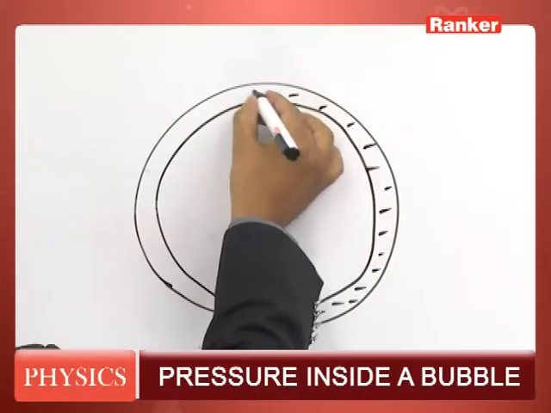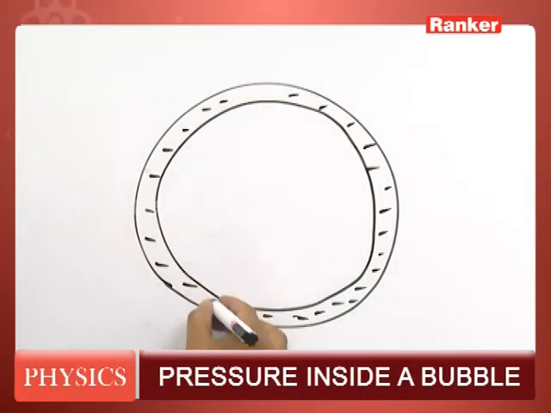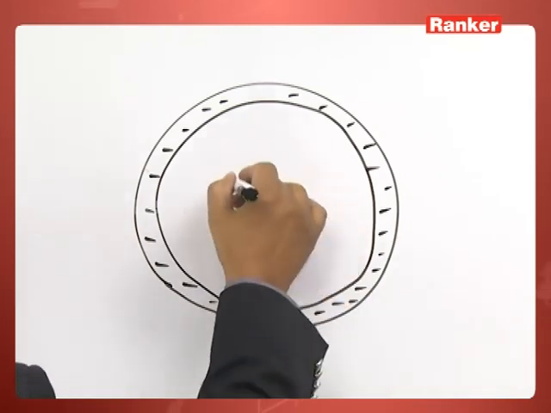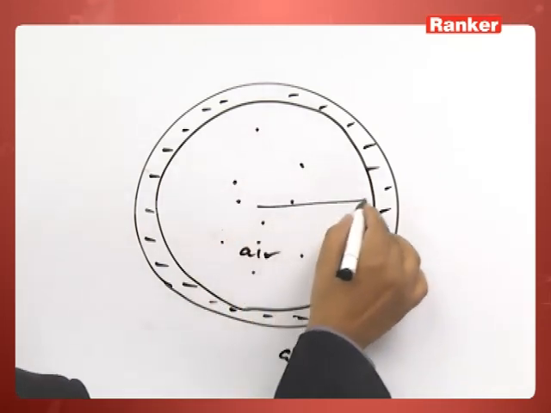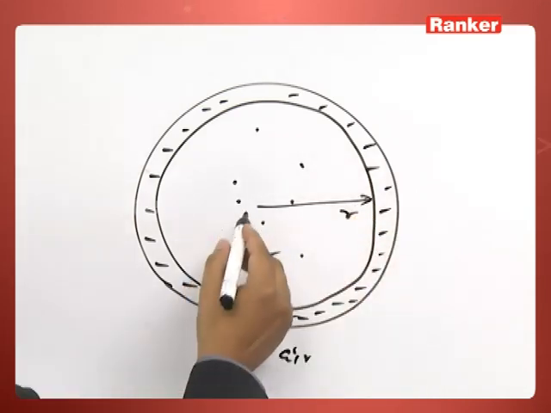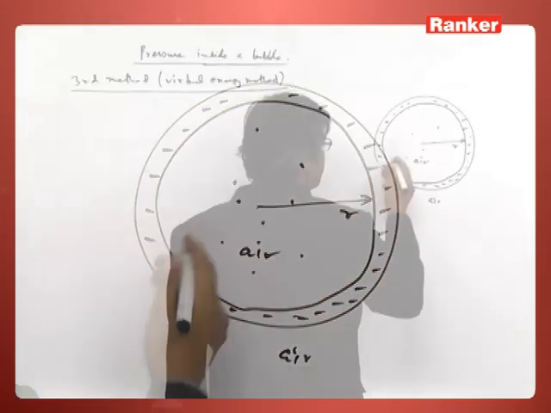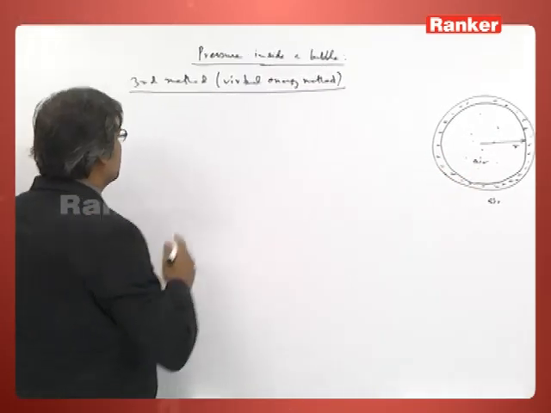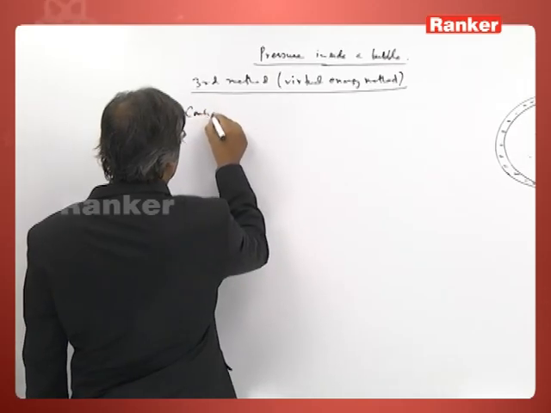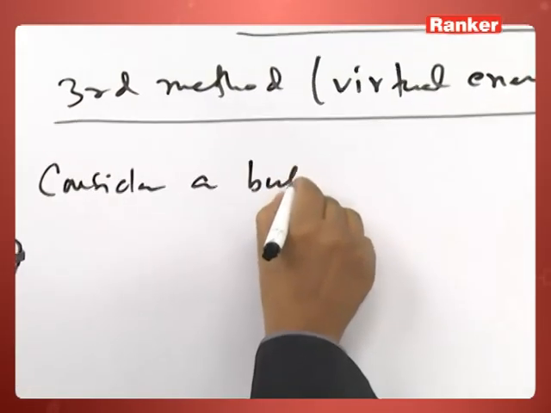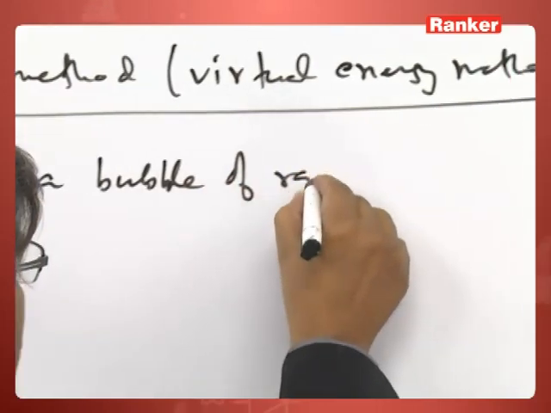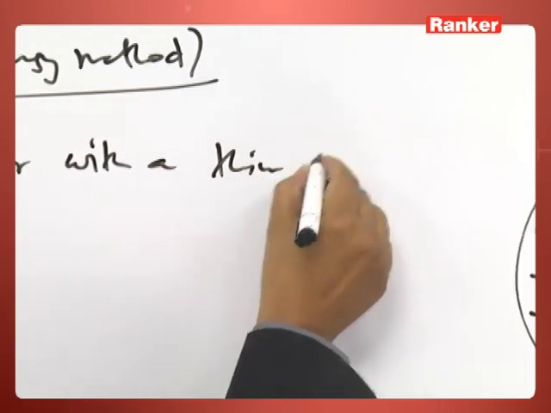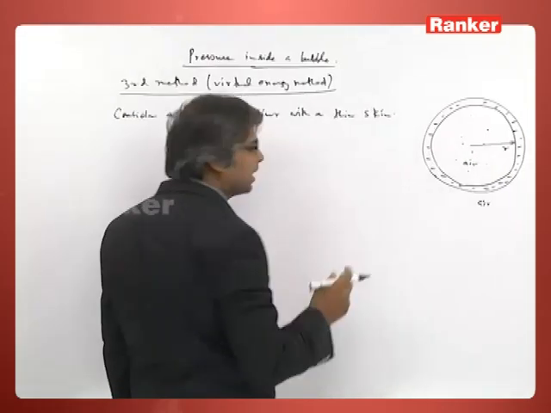The liquid is there and we have air inside it and outside it. This is the air inside and it has a radius r, and you see its radius increases fictitiously. So, consider a bubble of radius r with a thin skin, that is, its surface is very thin.